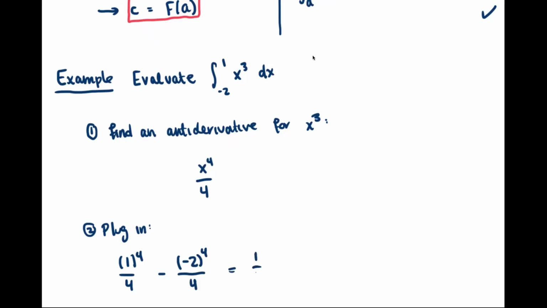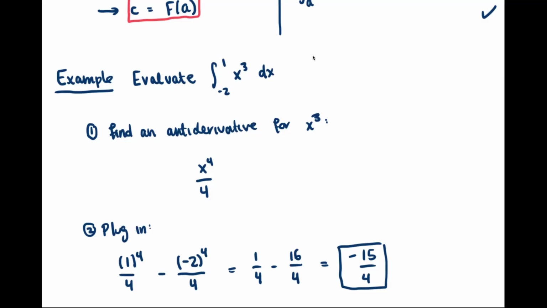We have 1/4 minus 16 over 4. So then we're just left with -15 over 4 for the answer. Okay, are there questions about this calculation?